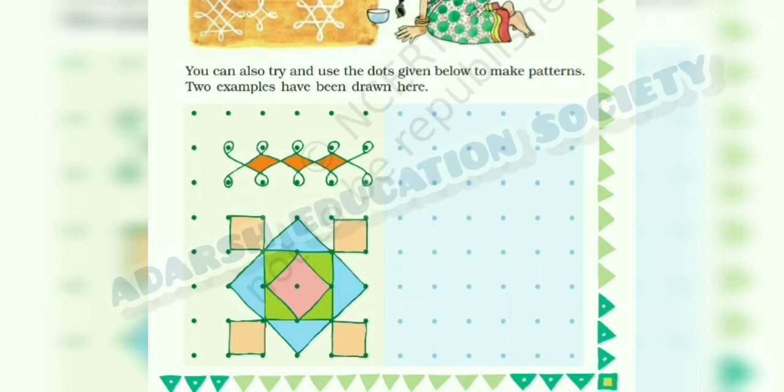Now here we can draw similar design also, and you can draw your own design. First of all, you have to count the dots and make beautiful patterns. You can draw design like this also. Okay children, you have to draw your own and color it.